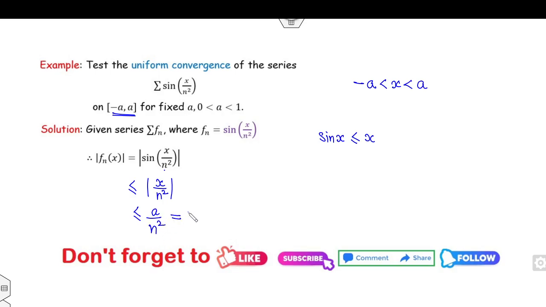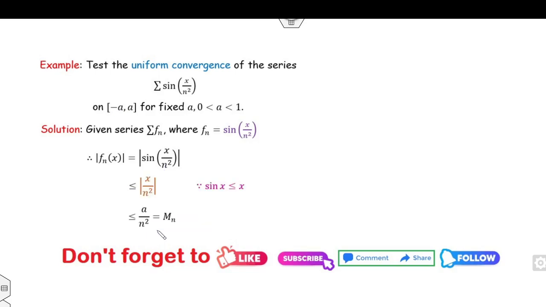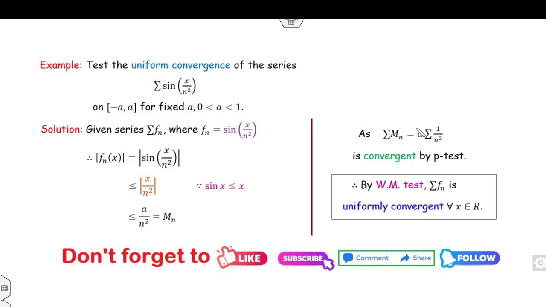Now clearly this number is a function dependent on n. So a over n square is my Mn. You can check the series convergence. a is outside, and clearly this is convergent by using the p test. So once the Mn is convergent, hence by the WM test the series is uniformly convergent.